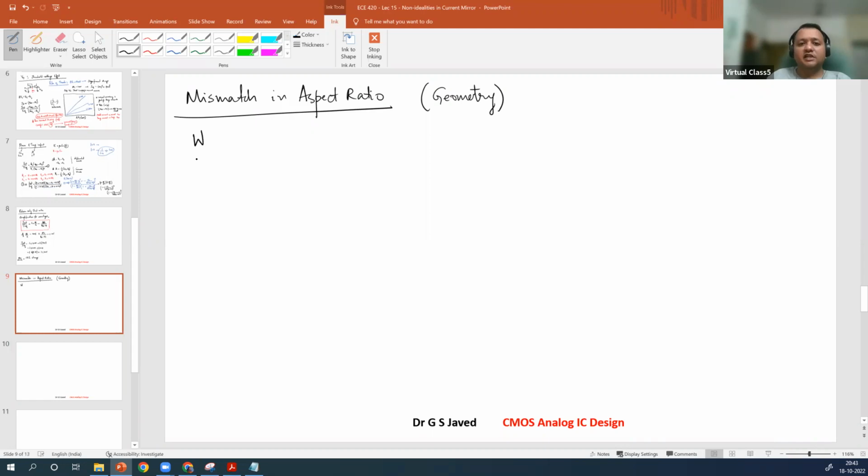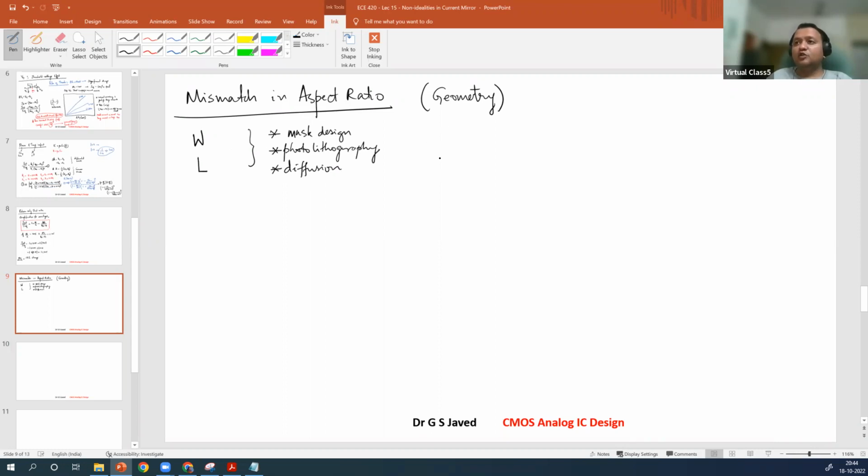You will see a mismatch in W and you will see mismatch in L. Now, why do you get these mismatches? You can see it in the mask design. Second, you can see it in the photolithography process. Last one is when you diffuse the device. So all of these are there.